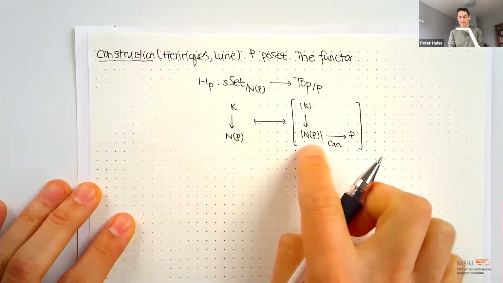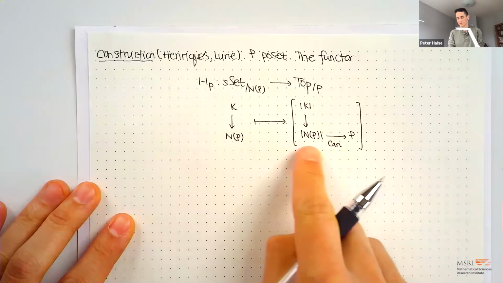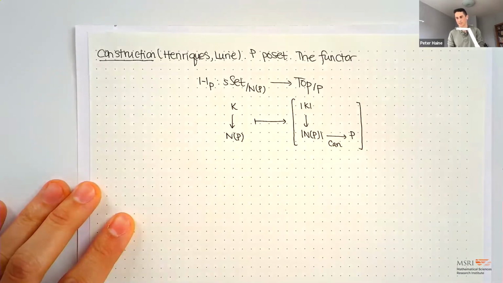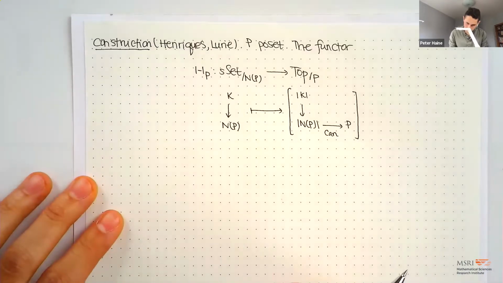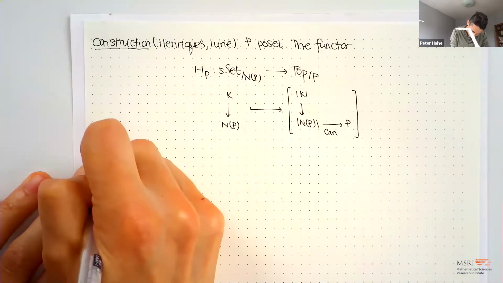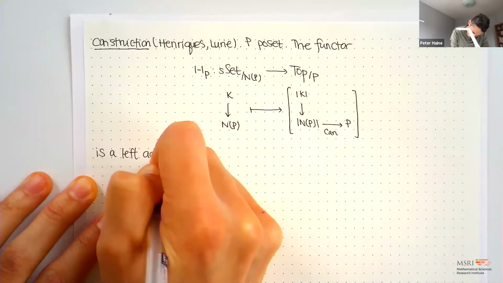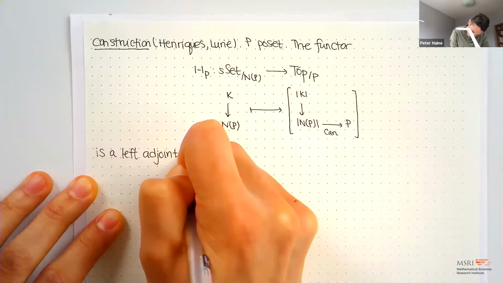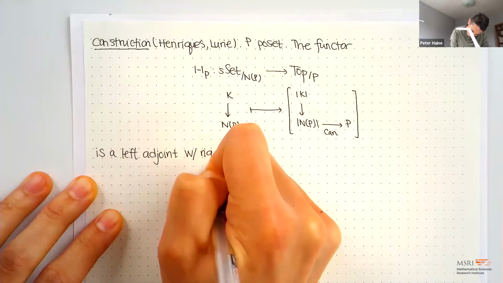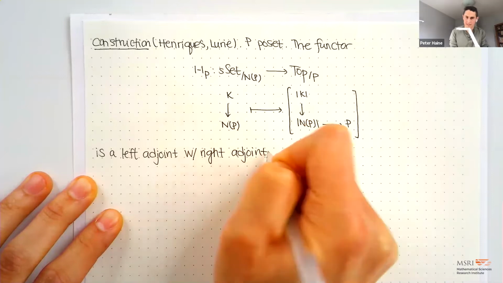That was the stratification I defined for all delta n's, and then I use the fact that every poset is a colimit over its subdivision. So this is a left adjoint with a right adjoint.